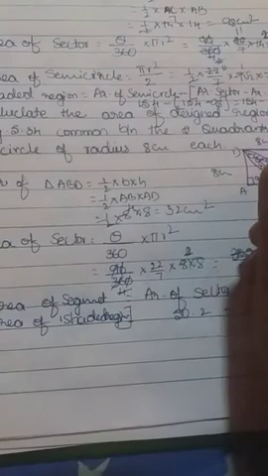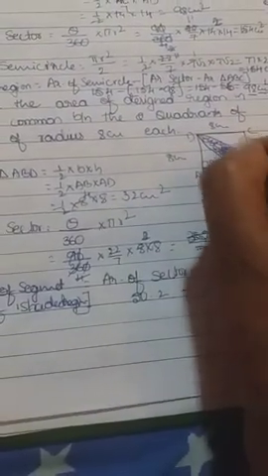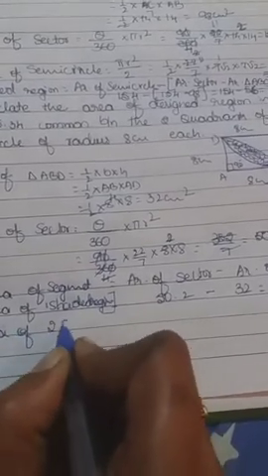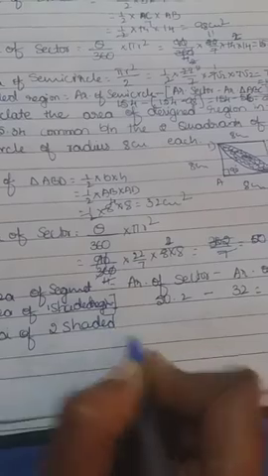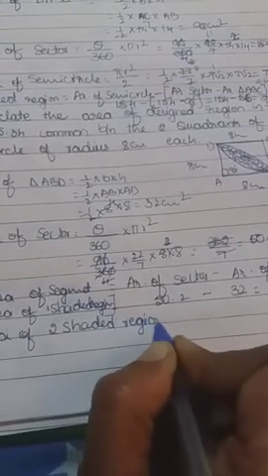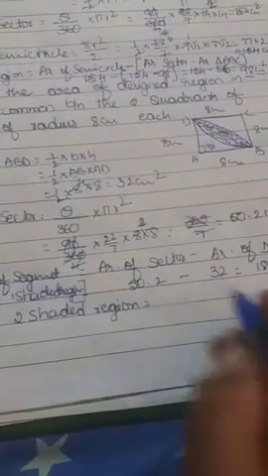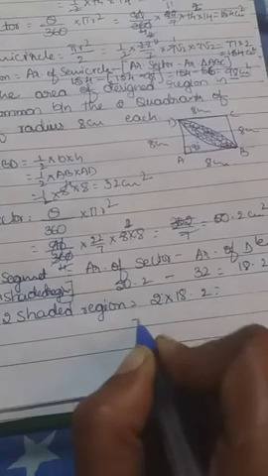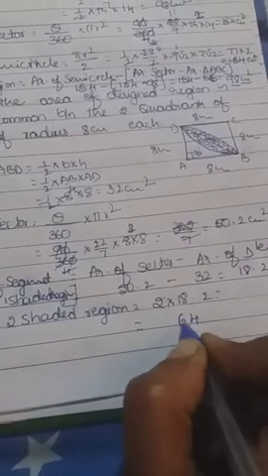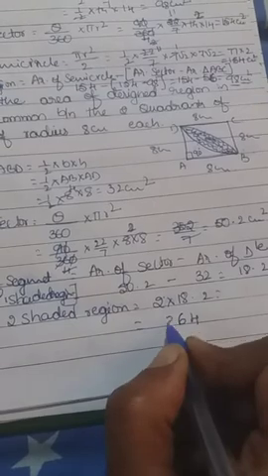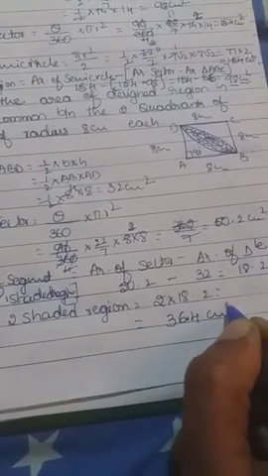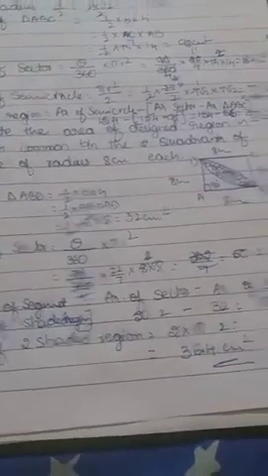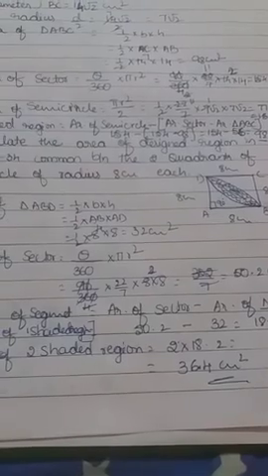If we draw the triangle like that, in the same way the area of the other shaded region is also the same. So that equals 2 into 18.2. 2 2s are 4, 2 8s are 16, 1 carry, 2 1s are 2 plus 1, 3, so 36.4 centimeter square. So this is the area of the shaded region. Hope you will understand, and the lesson was completed. Thank you.